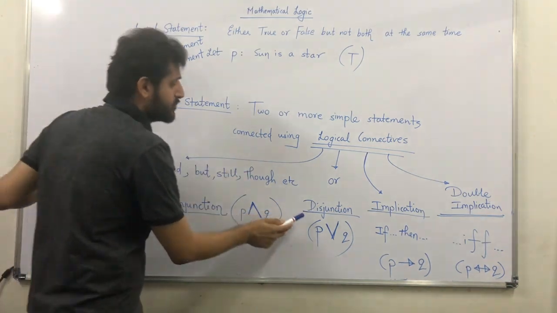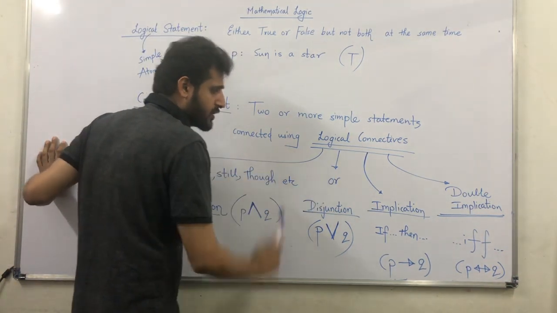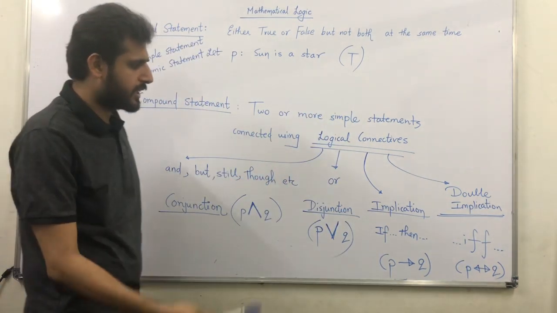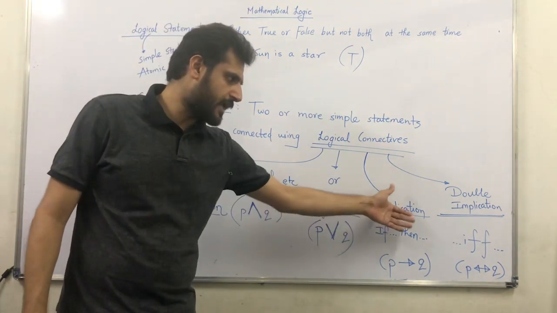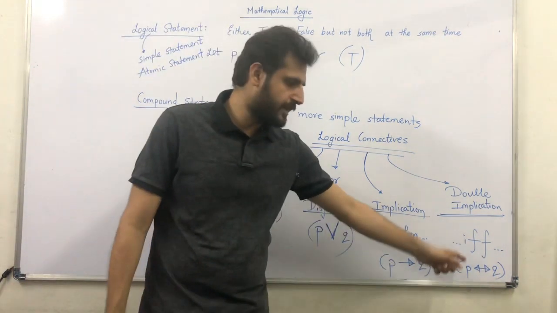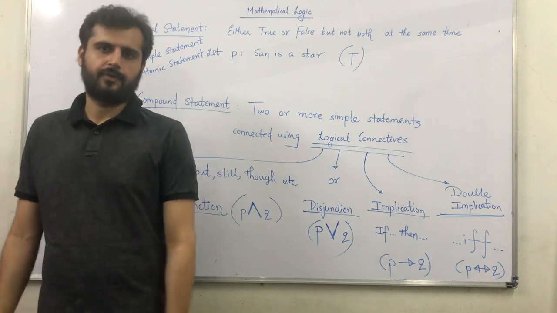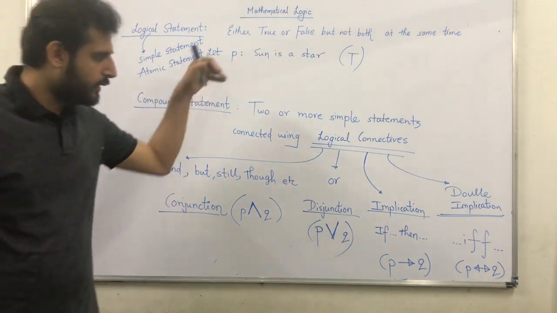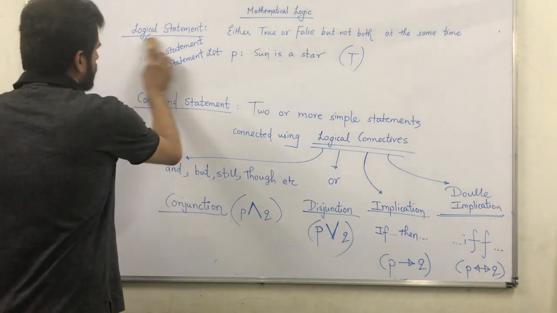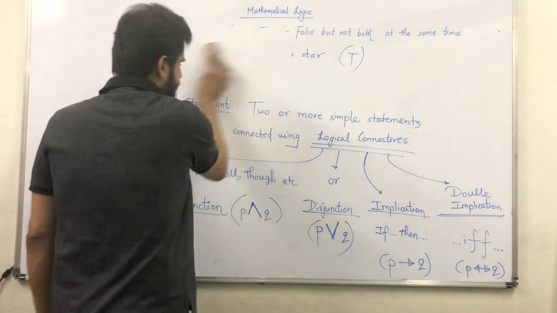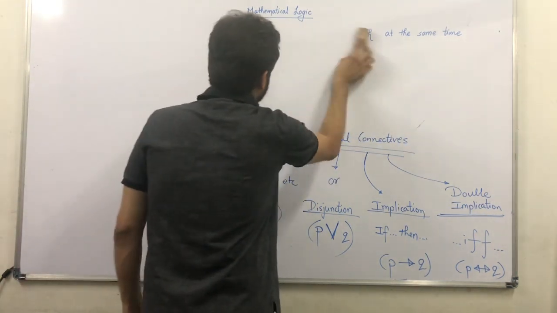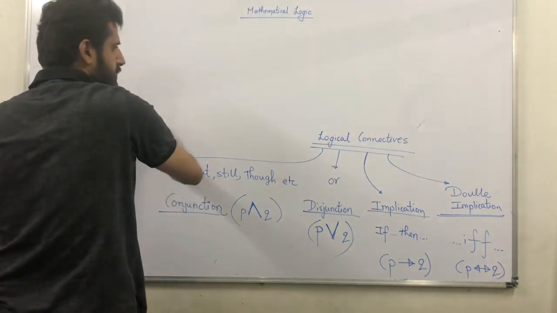A compound statement is a disjunction when you are using the logical connective or. It is an implication when you are using if then, and a double implication if you are using if and only if. Okay, so we go into detail now on these compound statements. We start with the first logical connective.